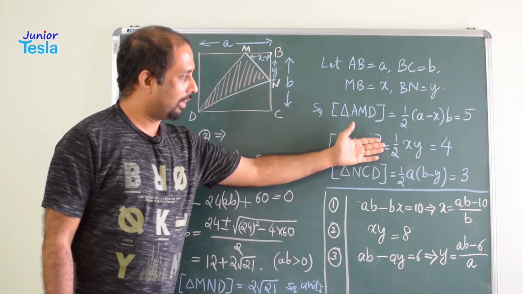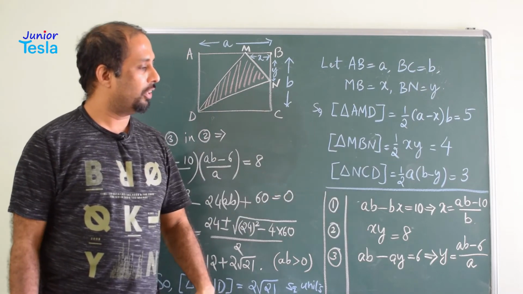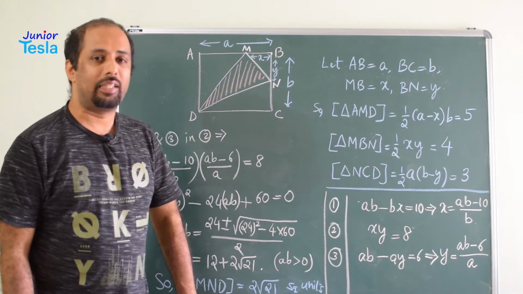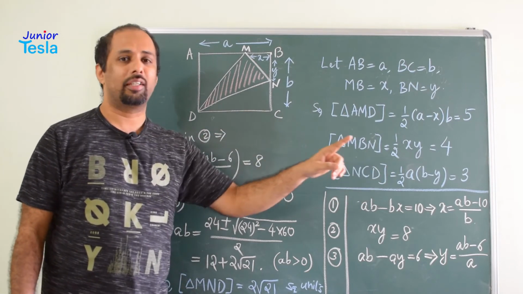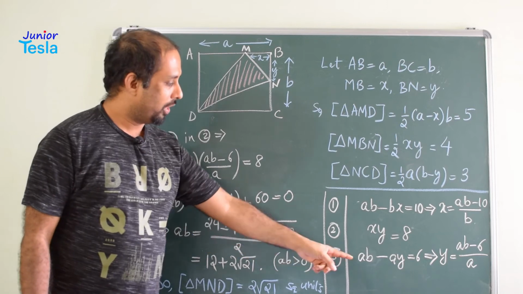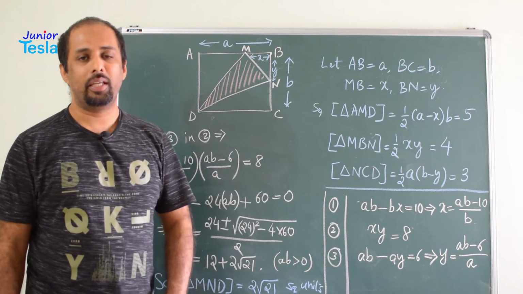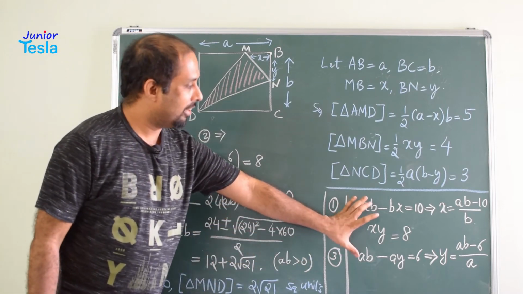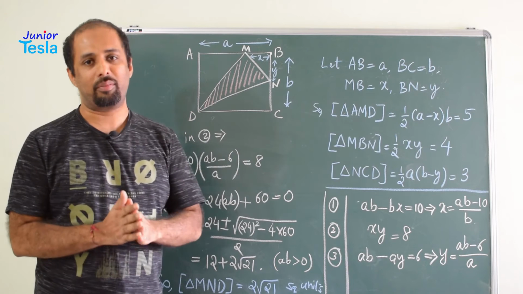Similarly, the third, half into a into (b minus y) equal to 3, that is the area of the third triangle. So ab minus ay equal to 6, or y is equal to (ab minus 6) divided by a. So these are the 3 simple equations that we got from these 3 expressions.